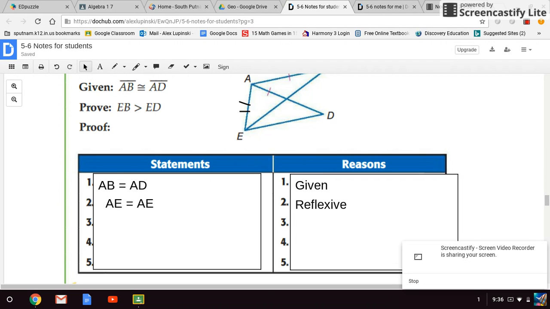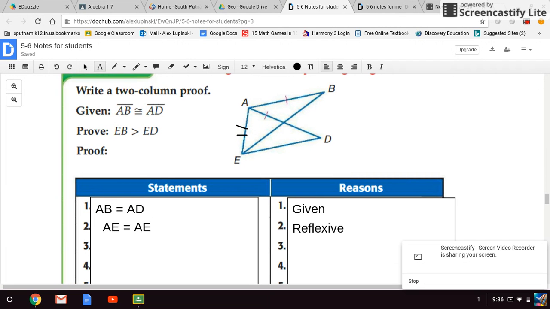But first, we need to compare an angle. So by the angle addition postulate, angle EAB will equal the 2 little angles it makes, EAD plus angle DAB.